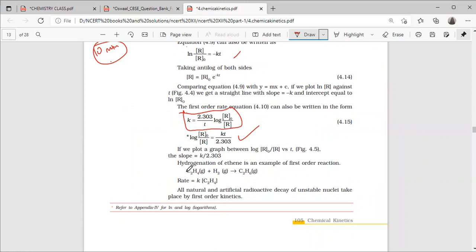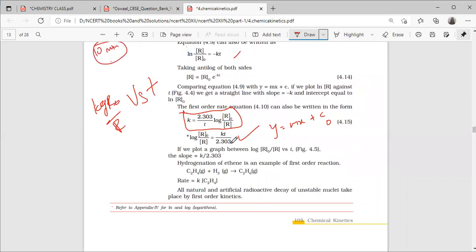They write it like this because sometimes they will ask for the graph of log R naught by R versus time T. Then we need to take y equal to mx plus c. Here c equal to 0. Y equal to mx, x is the t, m is the slope k by 2.303. These are for the graphs.